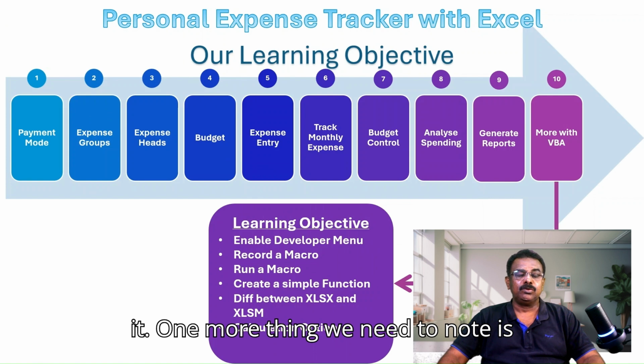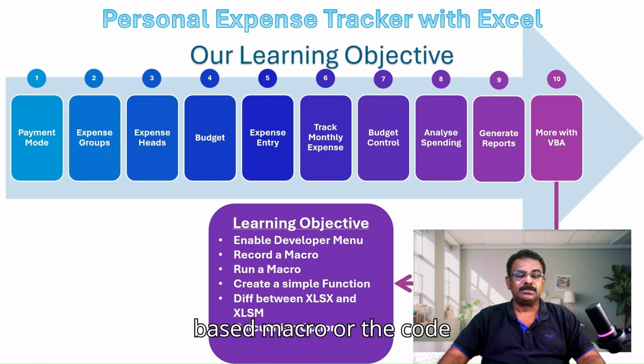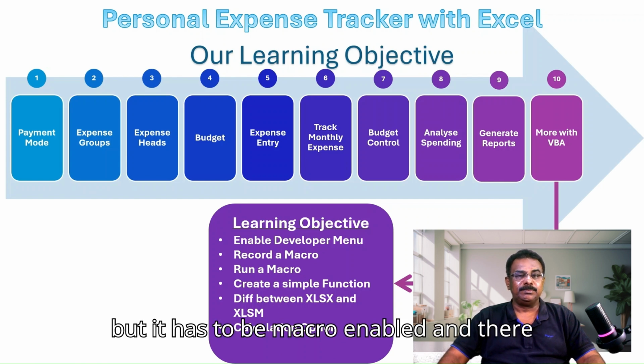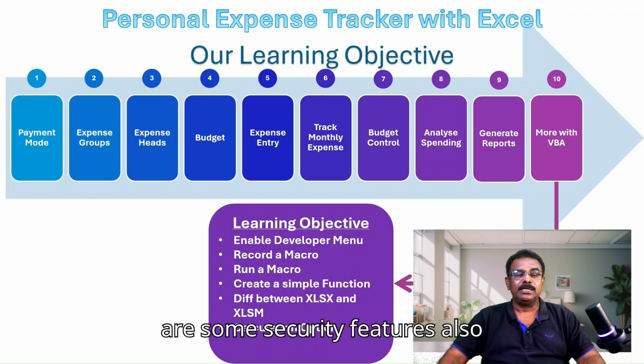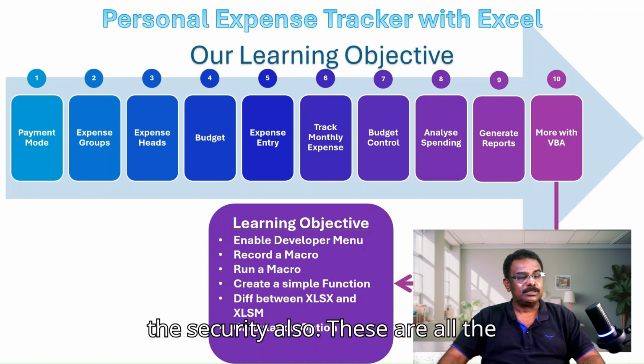One more thing we need to note is that once you have a Visual Basic based macro or code created, your Excel should not be saved as a simple XLSX file, but has to be macro enabled. And there are some security features also. When you're using a macro enabled workbook, Excel will check for security also. These are all the things we will learn.